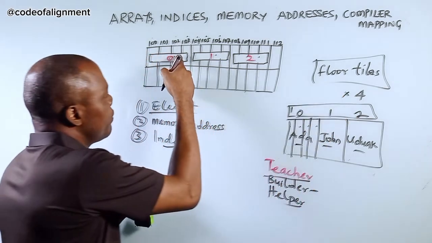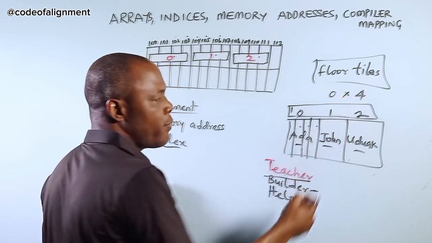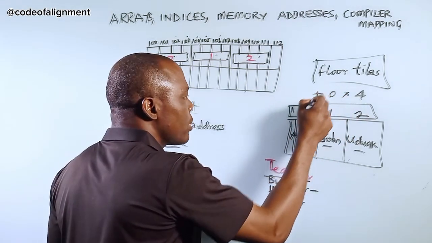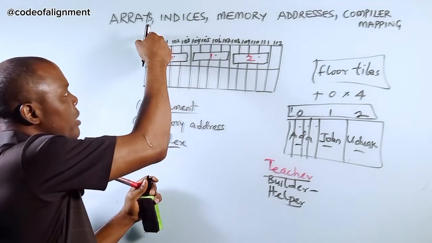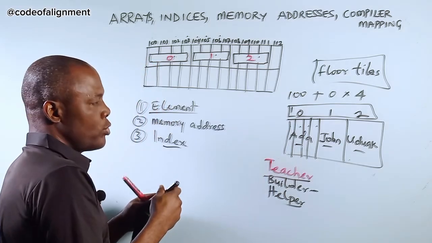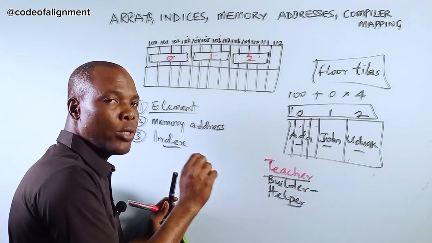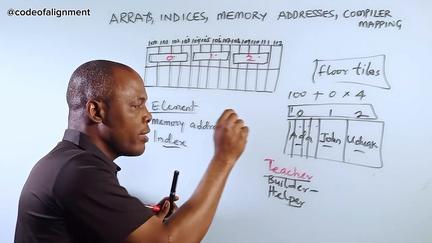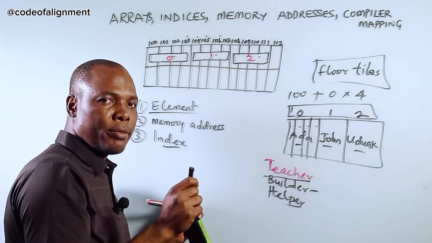So if it is chair 1, it will simply do 0 multiplied by 4 plus the starting address, which is this one, the starting address of the chairs, 100. So this is the simple formula that this helper is going to use to locate the tile number of the chair that is asked to bring.